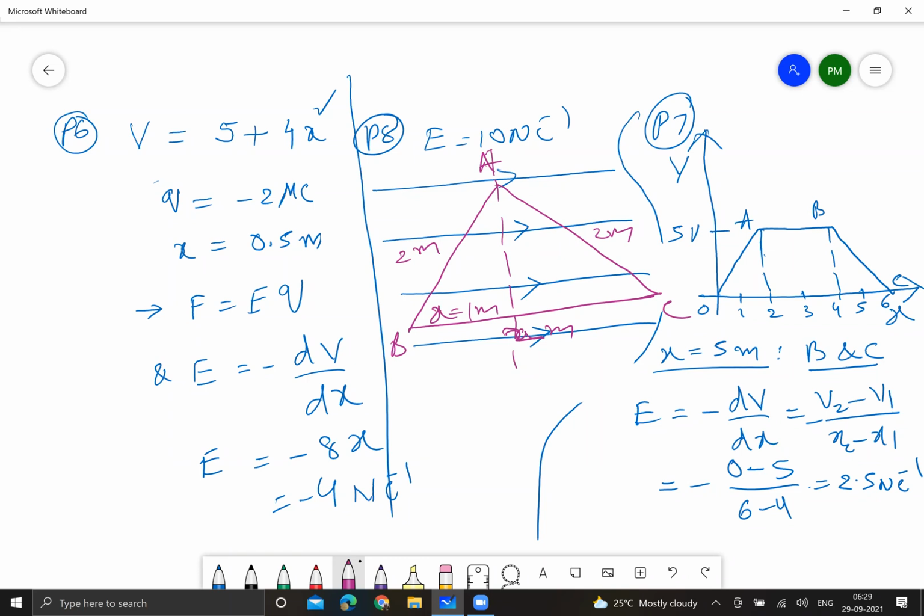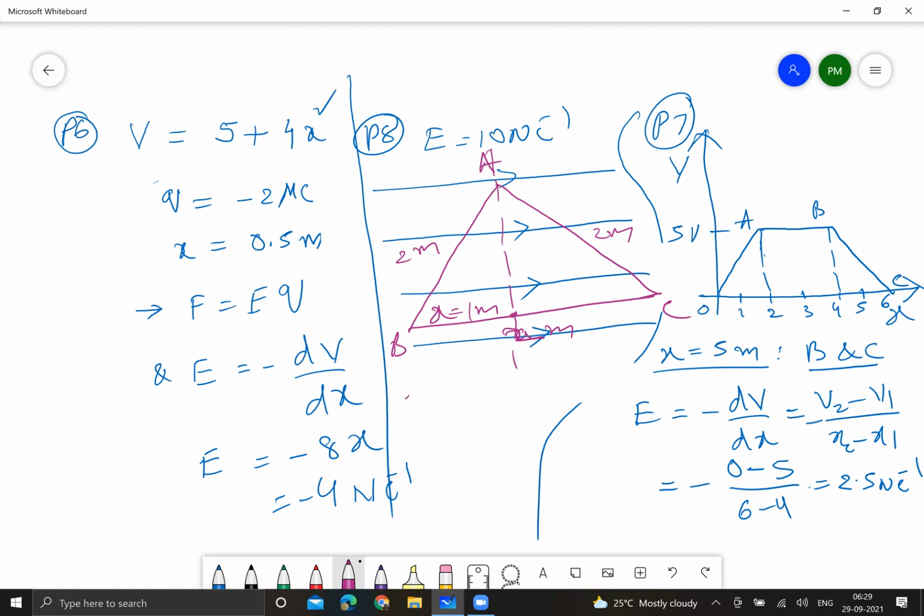So sir, the potential difference between A and B, you can see clearly the shortest distance between these 2 points considered in the electric field is of course 1 meter. This is how I can show it.